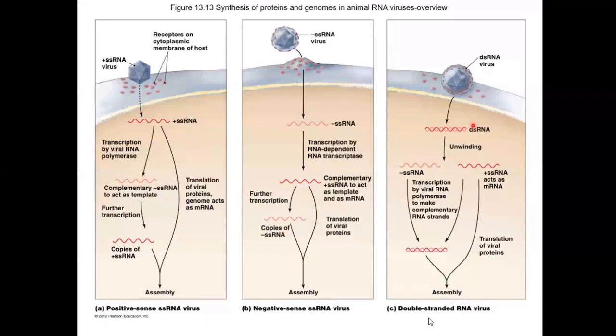In the case of double-strand RNA, it will be unwound, then the positive sense serves for protein synthesis. This one serves for more replication and so on, assembly, and generates more viruses from the one virus that gets in.